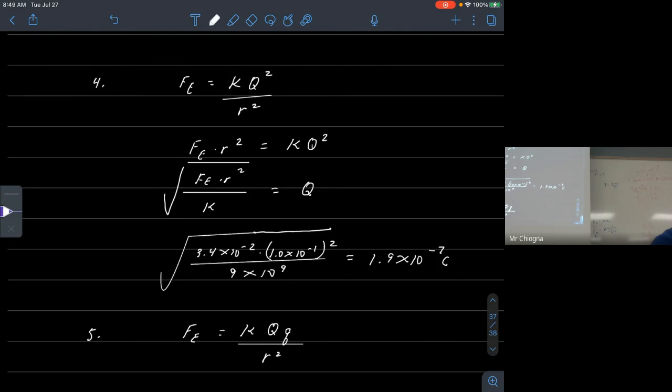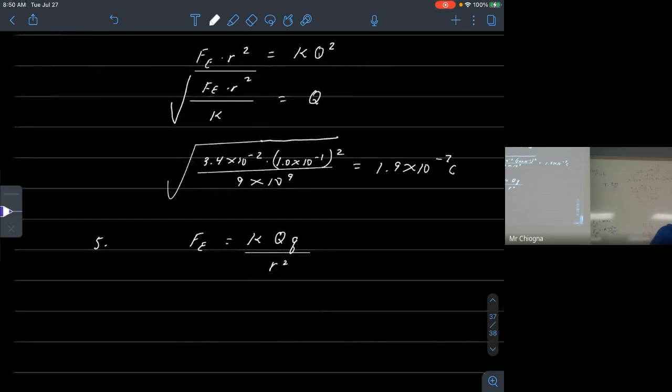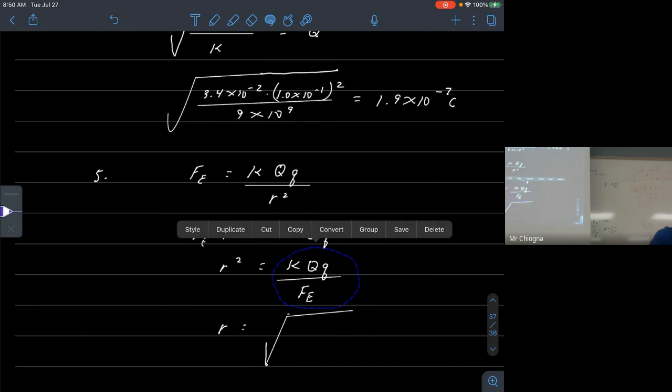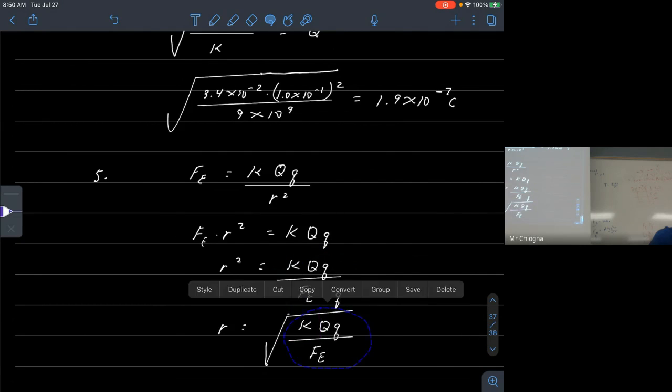So how far apart are they? Solve for R. Cool.